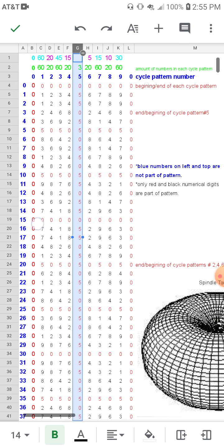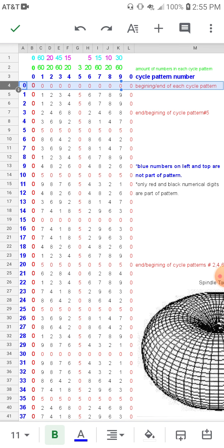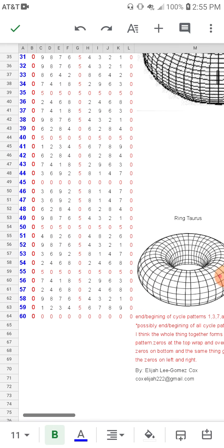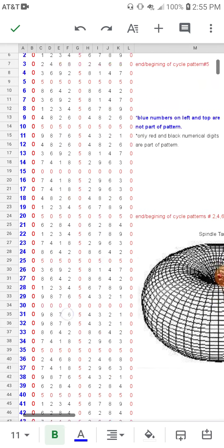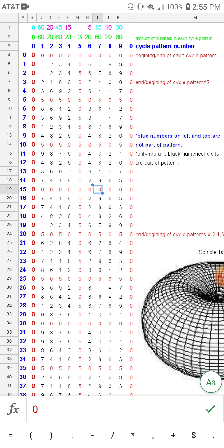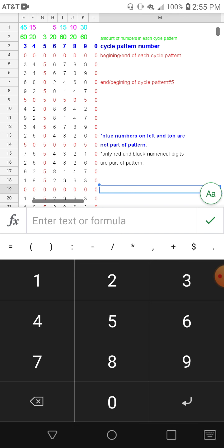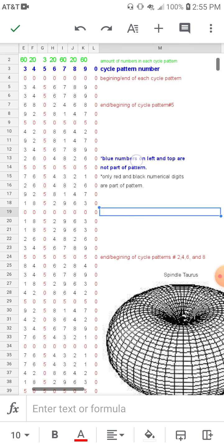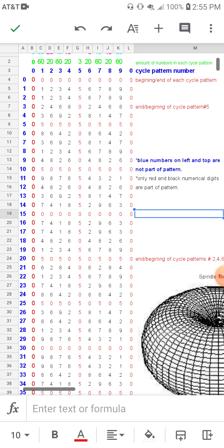Now, what I also found is that these zeros at the top right here are actually the same zeros as the number 60. Okay, so those you would fold them and overlap them, and then fold. And then you fold those and overlap them to make a big cycle pattern using all the numbers.